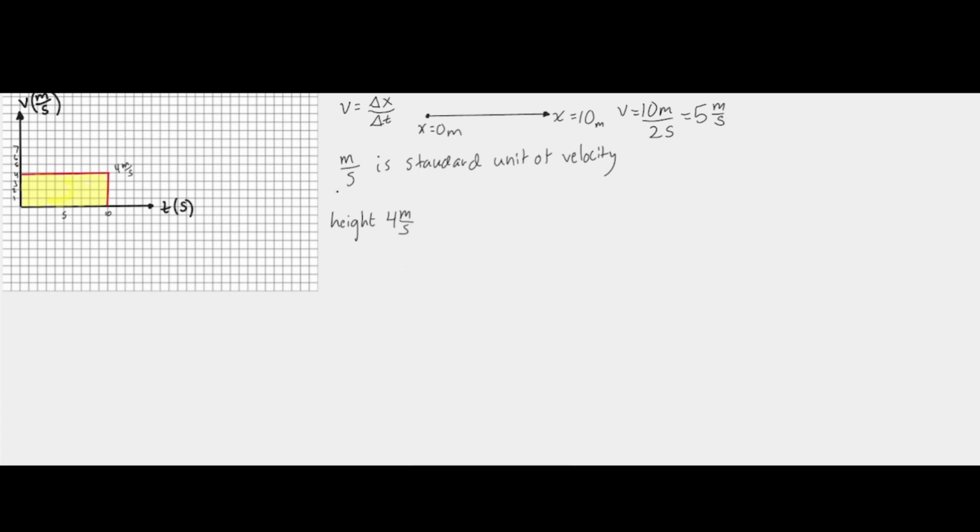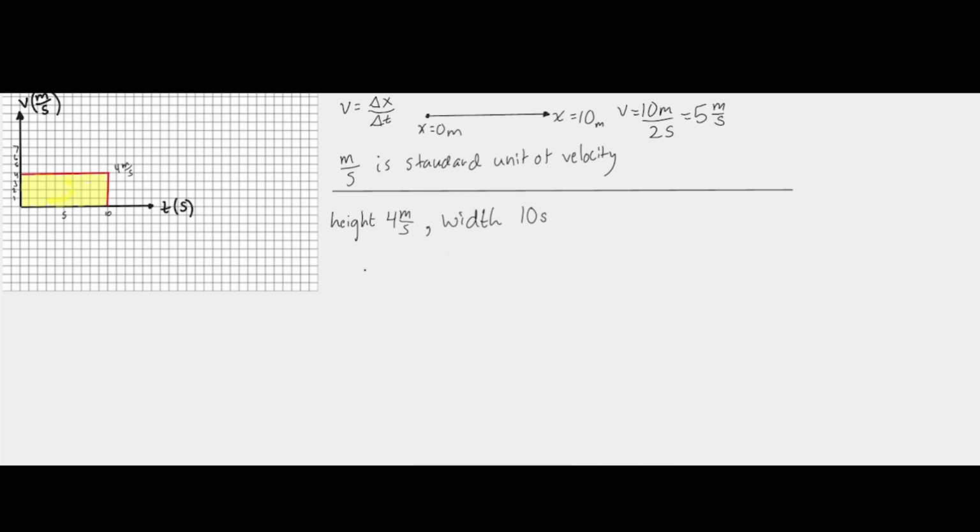I'm going to draw a line just to distinguish between the first example and this other example because they're different velocities. So the height of this rectangle is 4 meters per second, and the width is 10 seconds. Again, this is a rectangle, so to find the area, we multiply the height times the width.